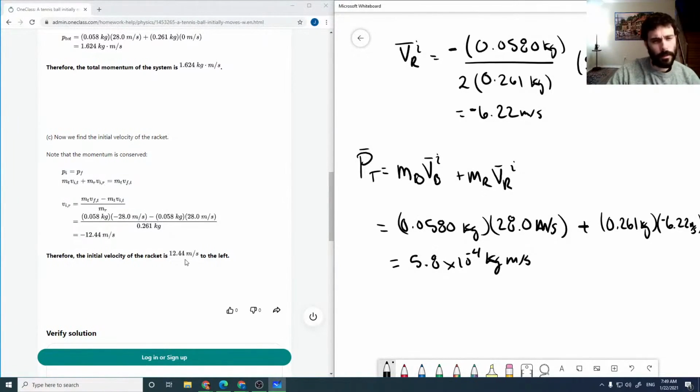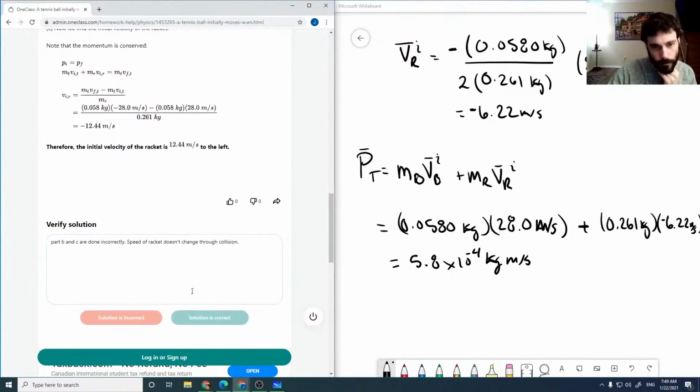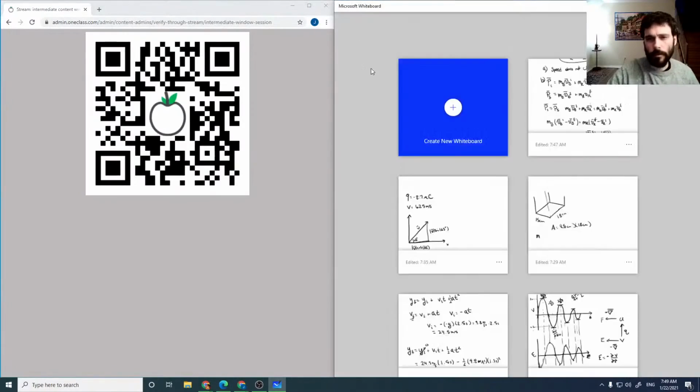So yeah, part B and C are done incorrectly. Speed of racket doesn't change through collision. So if the racket speed doesn't change through the collision, then it can't go to 0. That doesn't make sense.